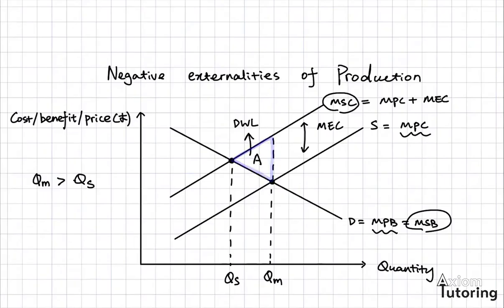So area A represents the potential gain that we could have reaped, but we didn't because we have overproduced in the market.